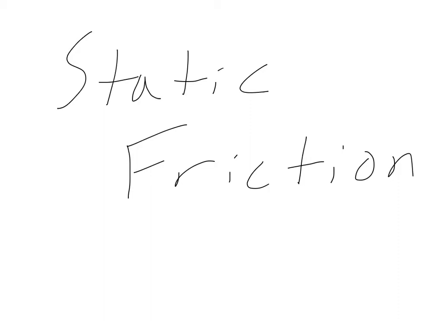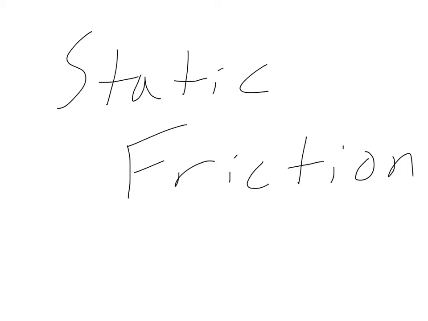So we're going to start with friction, and there's two types of friction that we're going to talk about, the first of which is static friction, or stationary friction. I believe it's a Greek root word, static, and static means not moving. Static electricity is electric charge that isn't moving.